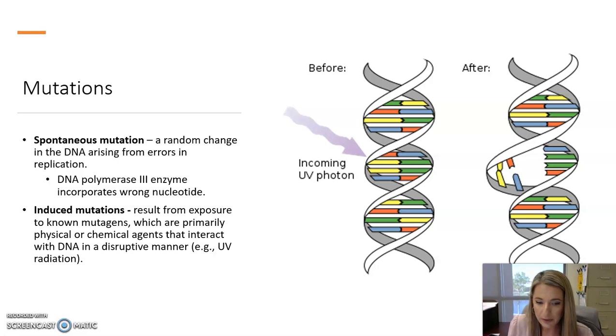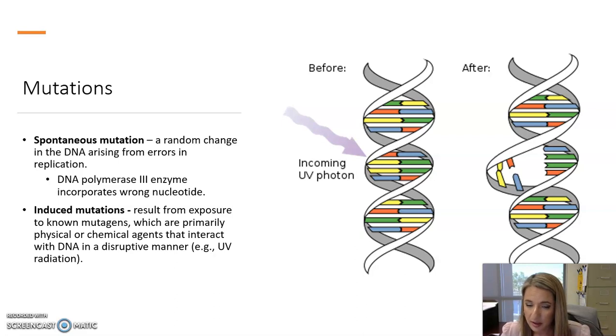A lot of times, DNA polymerase III has proofreading abilities, so it is able to sometimes catch its mistake and then replace it. However, if it doesn't catch the mistake, if the mistake stays, that's where we get a mutation.